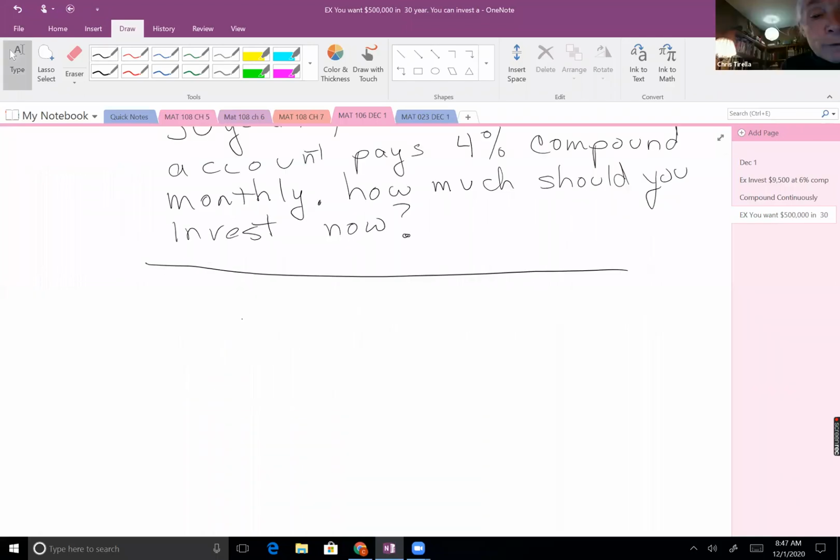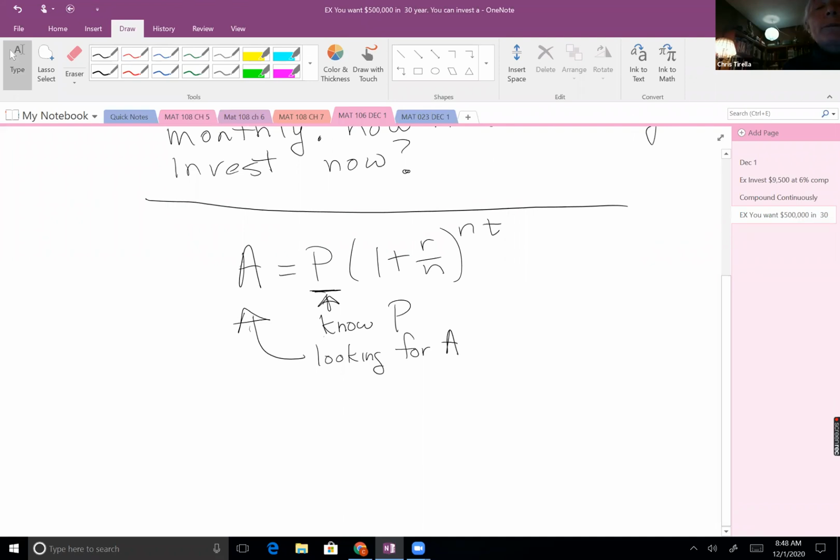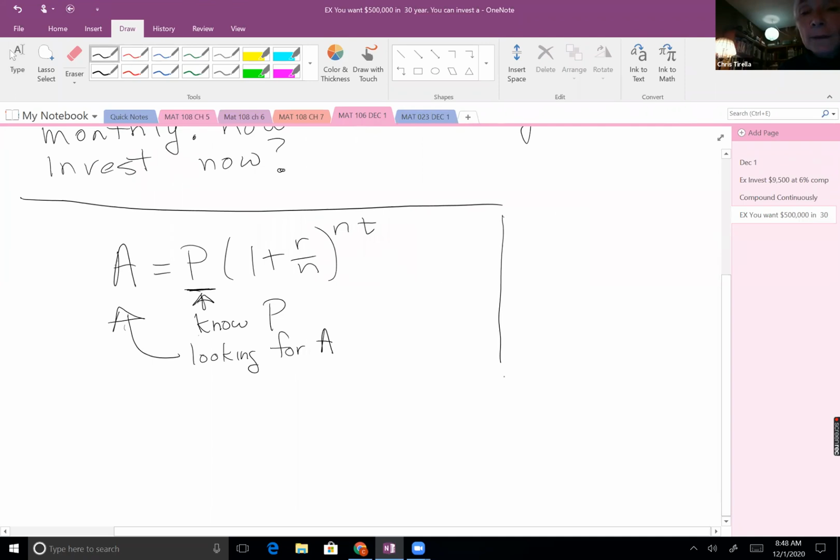We have the formula A equals P times (1 plus R over N) to the NT. And this is all fine if we know P and we're looking for A. We want a different formula if we know what we want in the future and we're looking for P. In order to get that, I'm going to do a little bit of scrap work on the side.